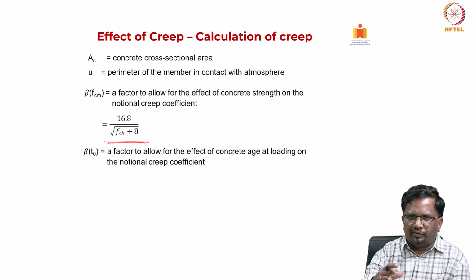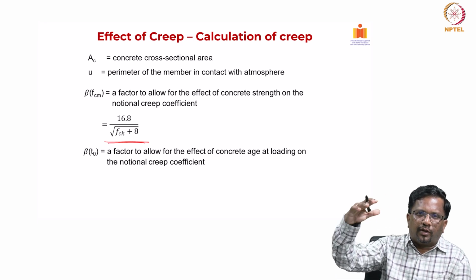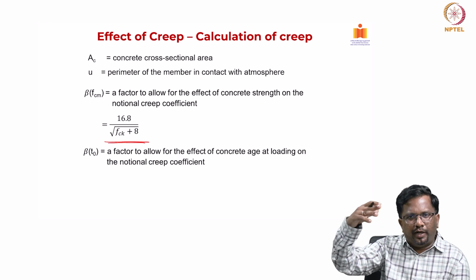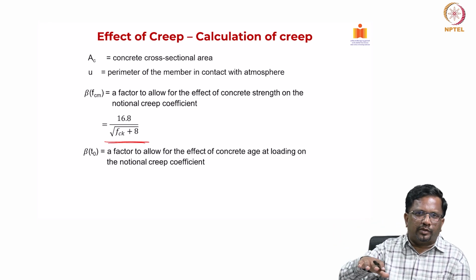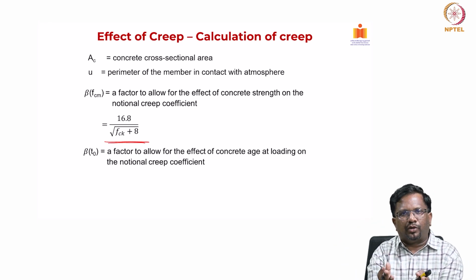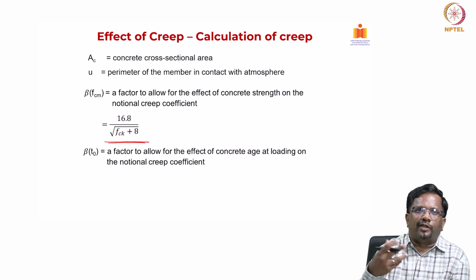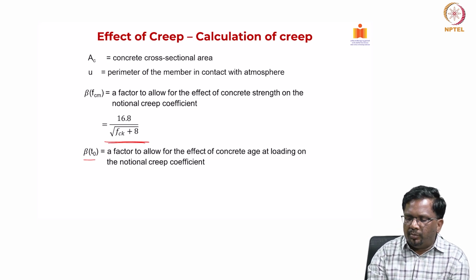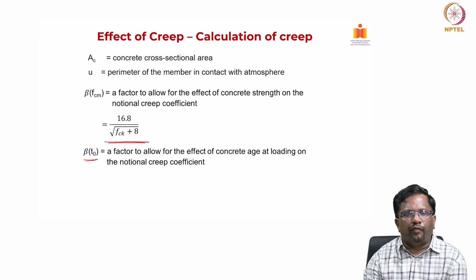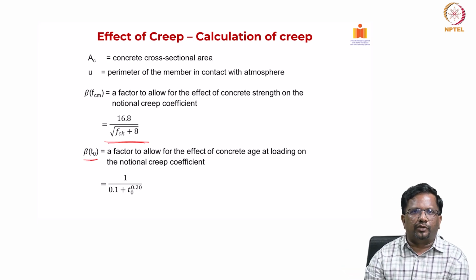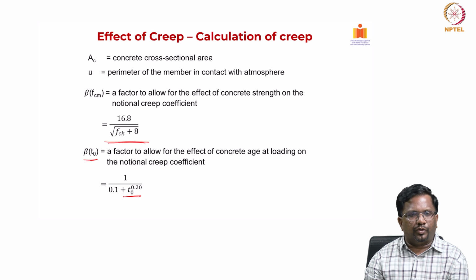As we have seen, if I am loading the concrete at later ages, creep will be less. At younger age, because it is not cured well, it is very vulnerable, and it has a lot of unutilized water that can escape out of the system. So, beta T naught should also account for when you start loading the concrete. All those things are taken into account.